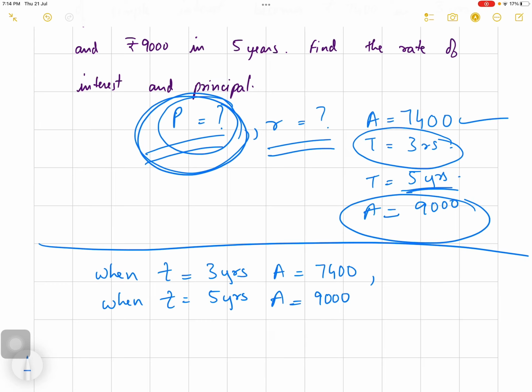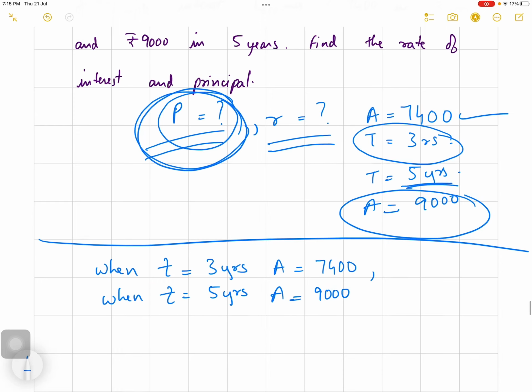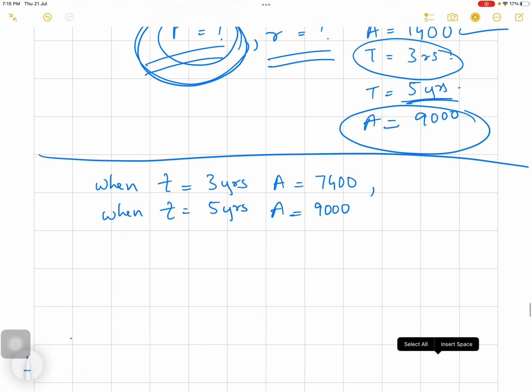So the amount is given. We'll use the amount formula and calculate R. Now, listen, I'll just derive the formula for amount.